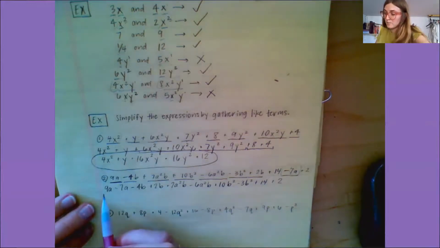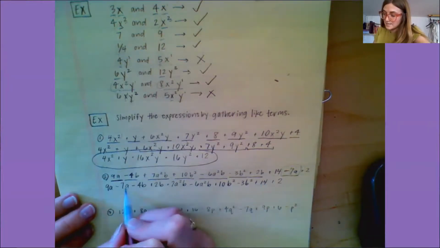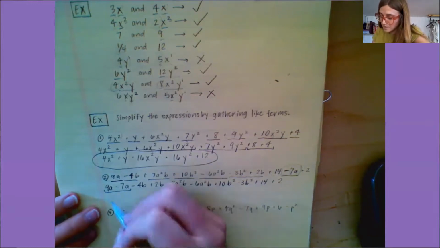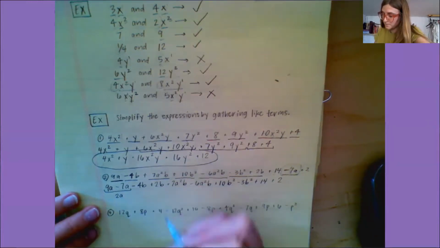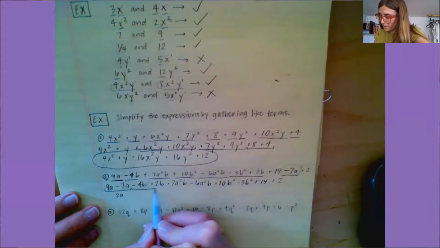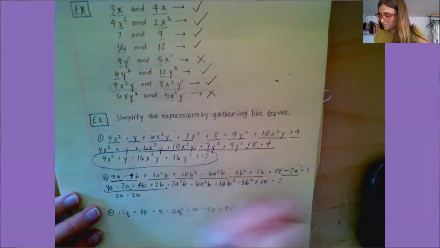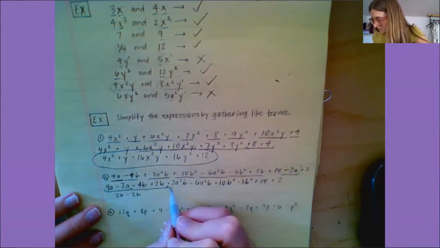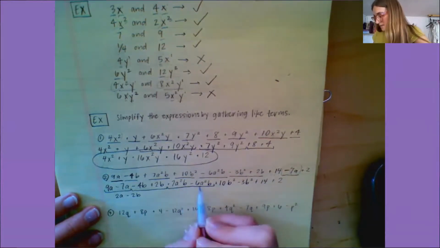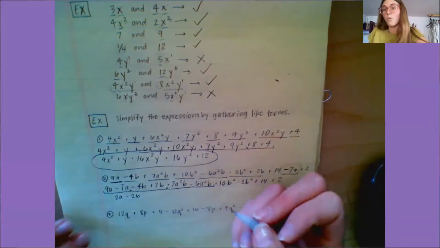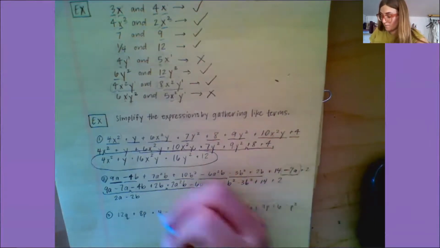Now I can simplify. So 9a minus 7a gives me 2a. Then negative 4b plus 2b gives me negative 2b. Plus 7a squared b minus 6a squared b gives me 1a squared b.